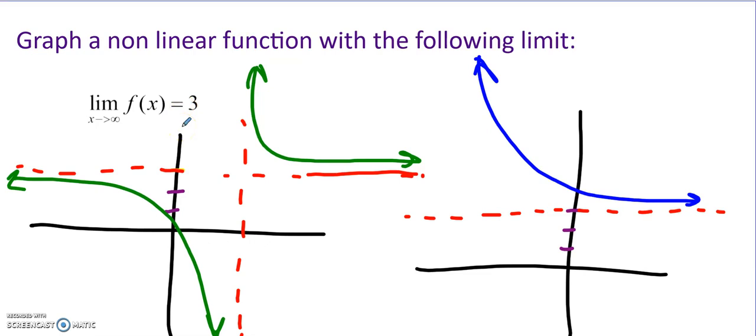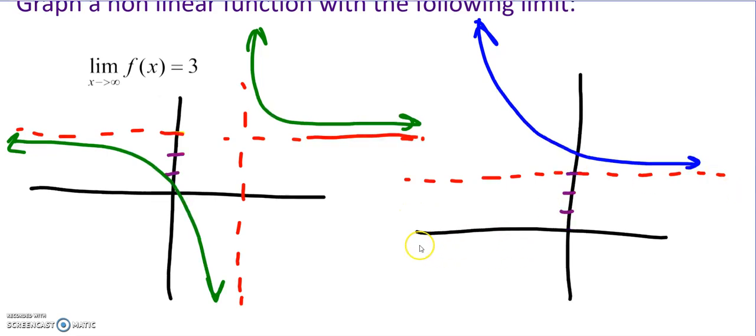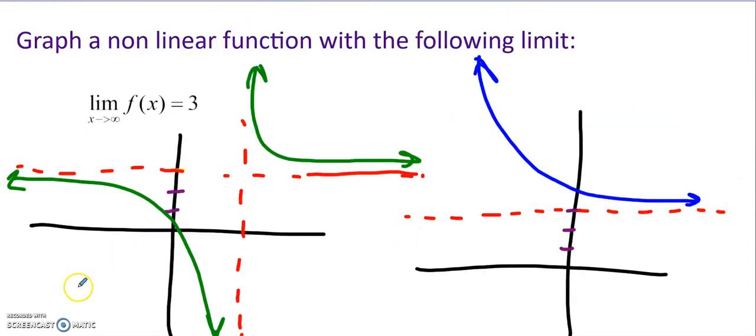So for instance, I can't just draw the line y equals 3, which would also have a limit as x goes to infinity of 3, but that would be a linear function. So here I drew some rational function that has a horizontal asymptote of 3. Here I drew like an exponential decay function that was shifted up 3. So those are just 2 examples.